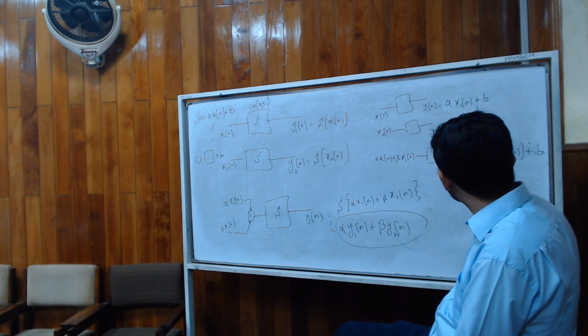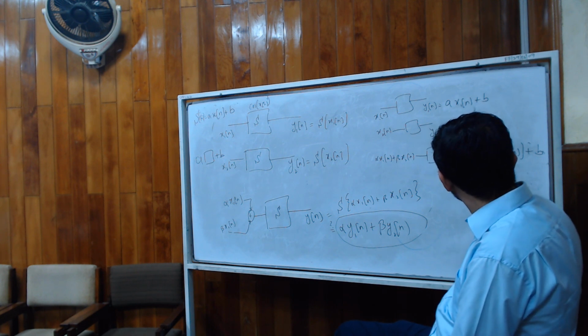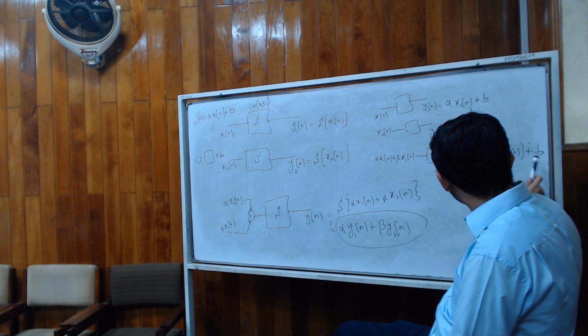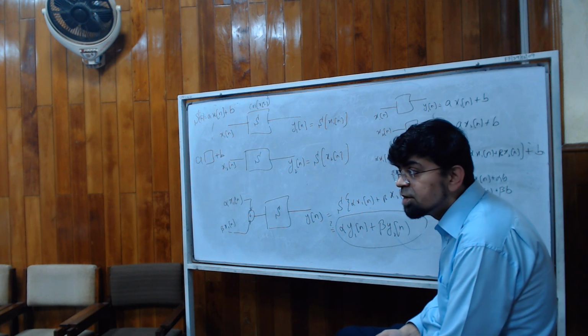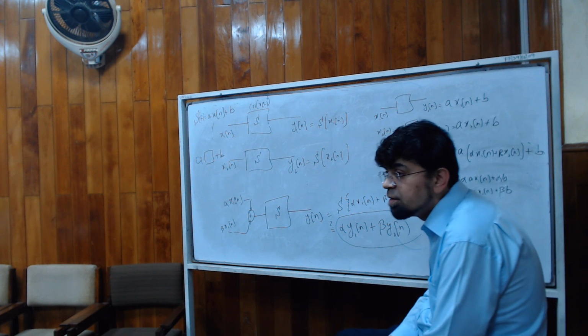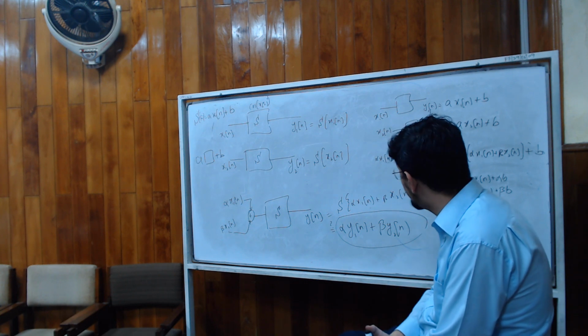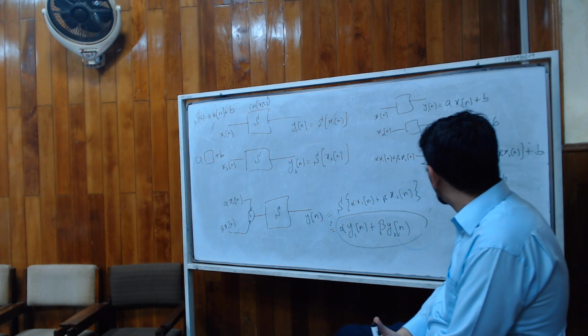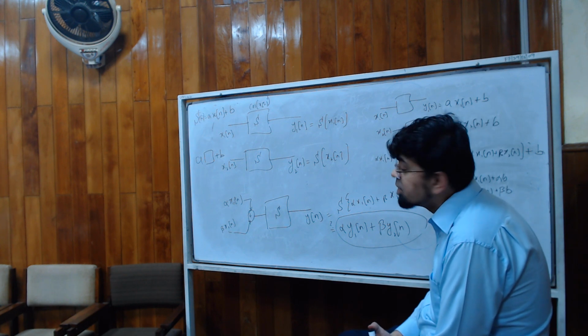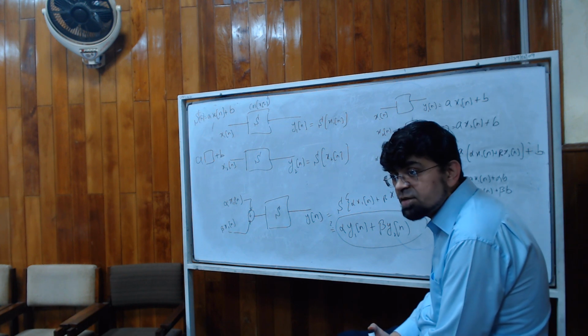You will have alpha x1n plus beta x2n plus b, yes? So these additional terms remain, and equality will not hold on them. Is there any condition which can make this system linear?